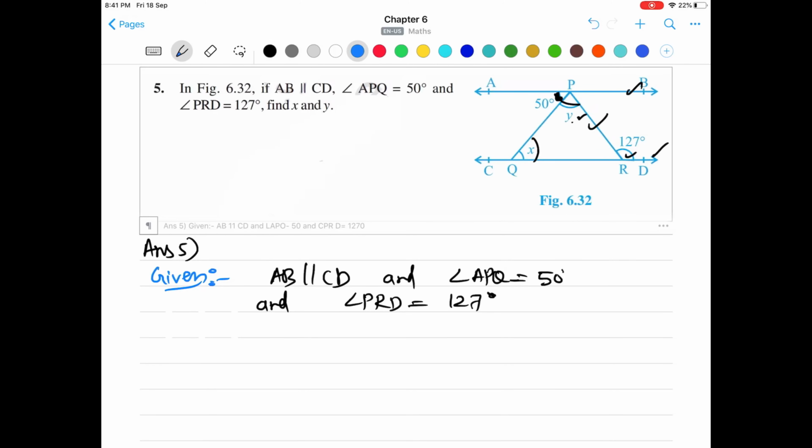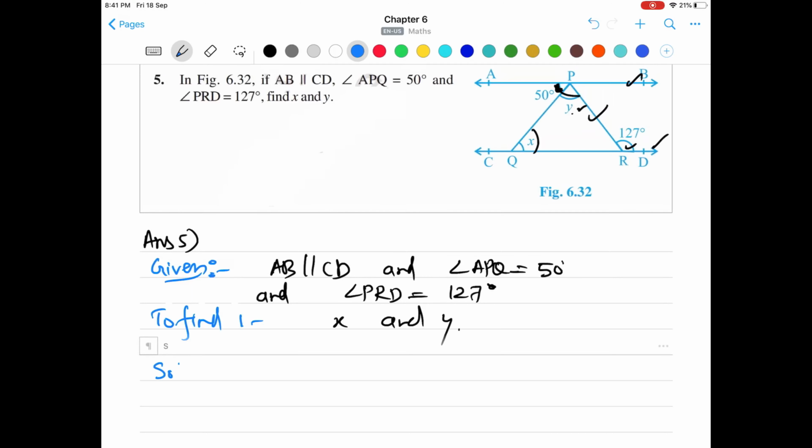And we have to find angle X and Y. So let's write the solution.